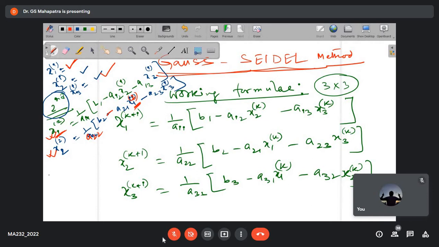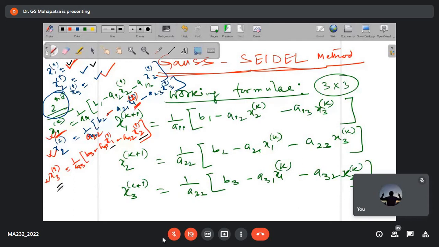Now x3 (2) equals 1 by a33, b3 minus a31 x1 (1), minus a32 x2 (1), according to the Jacobi method. Now x1 (1) you are taking from here, and x2 (1) from here, to evaluate x3.